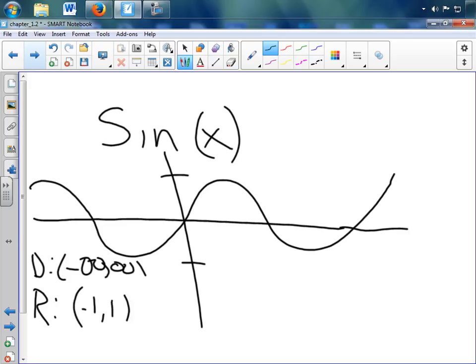Now the question is, does it equal it? And if you get on a test or an ACT question and you're confused, just go ahead and put in your calculator the sine of 90 degrees.